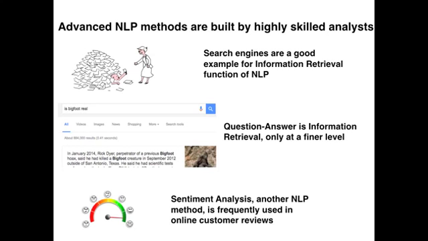The second technique here, the question and answer method, is an information retrieval system at a much finer level, usually at the level of a sentence or a paragraph. Sentiment analysis is another NLP method that determines if a piece of writing is positive, negative, or neutral in emotion. This technique currently finds application in online customer reviews.